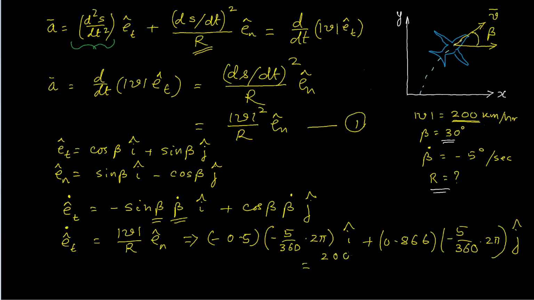Now this is equal to en, which is 200 over r, where 200 is the speed at which it is moving, times 0.5 i minus 0.866 j. We have to convert kilometers per hour to meters per second, because beta dot is in radians per second, so we divide by 3600 and at the same time multiply by 1000 to get the answer in meters.